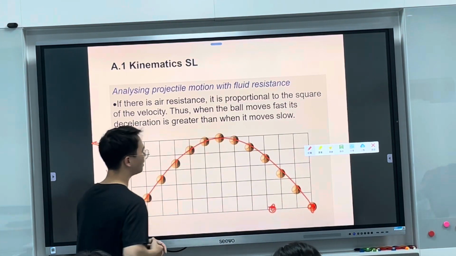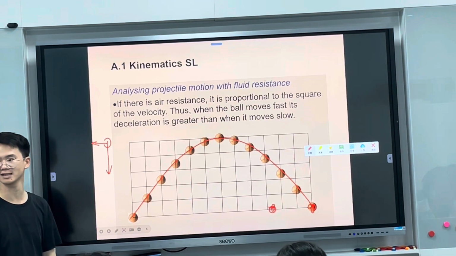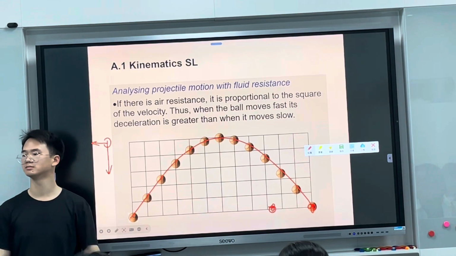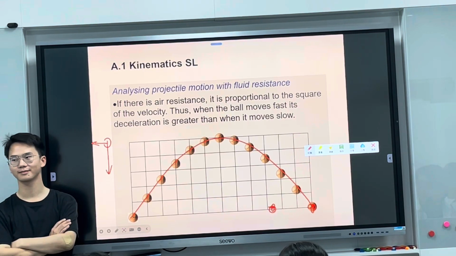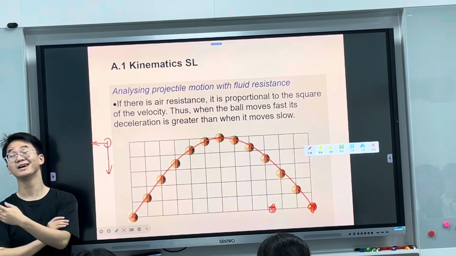So the possible shape could look like this. Can it still reach the same height though? Why? Because there's also air resistance. Exactly.